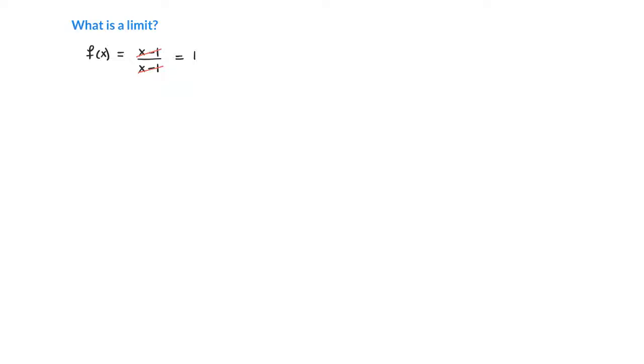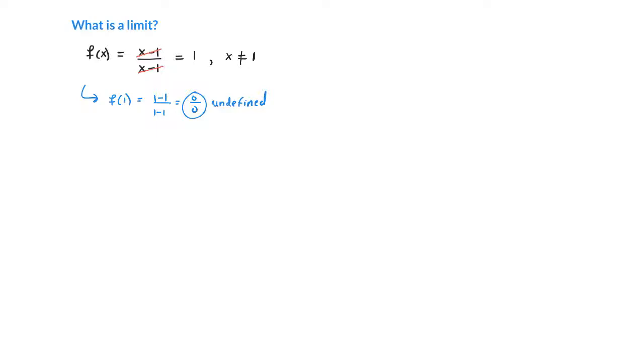I just want us to be careful though, that this is equal to 1 as long as x doesn't equal 1. Because if x is equal to 1, if I consider f of 1, I will end up getting (1 minus 1) over (1 minus 1), which is equal to 0 over 0. And 0 over 0 is always undefined in mathematics.